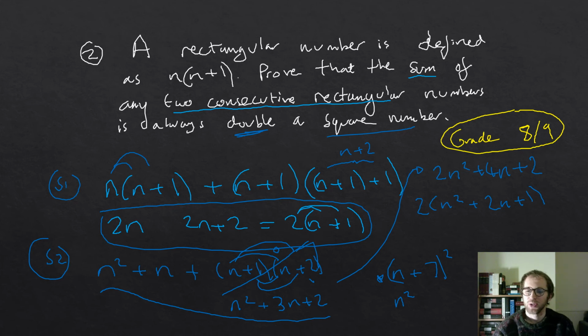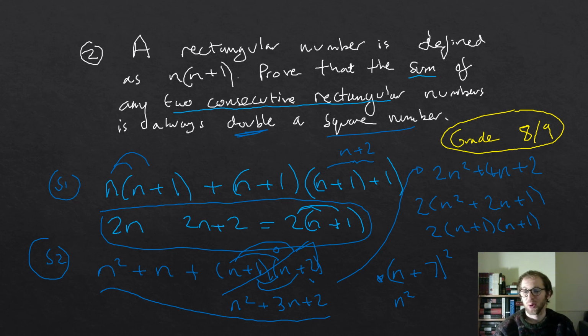But how do I show that's a square number? Now, you might have astutely spotted that this is actually a quadratic. So you can factorize a quadratic. That's often one thing you want to try when you have a quadratic. And you'll see that it factorizes really nicely like that.